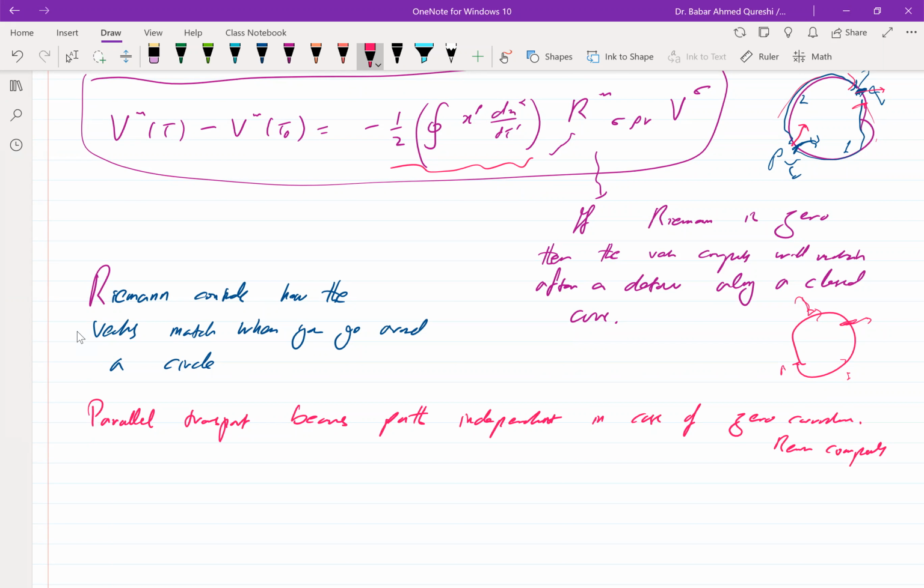And this guy, you can think of it as a kind of area of the closed loop. I'm not going to go into the theory of the two forms, but if you just open it up, for example, write it for Cartesian, this is pretty much the area of this closed curve. So you can divide by this term.